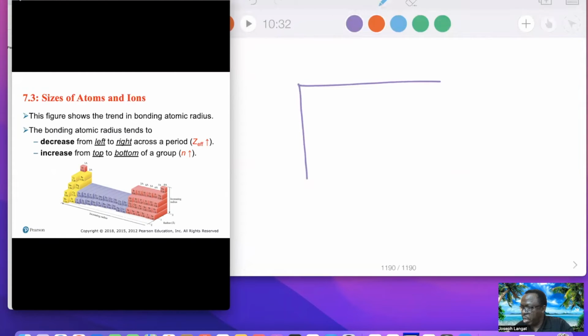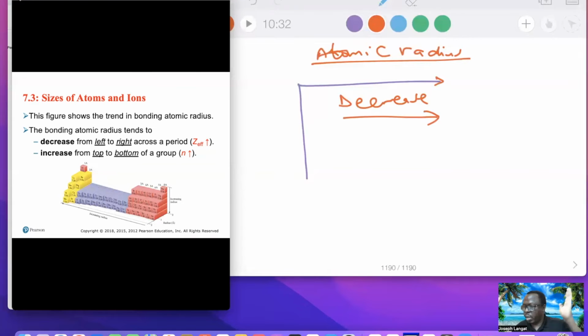All right, here is atomic radius or atomic sizes. Atomic radius decreases as you go from left to right on the periodic table, and this increases as you go down the periodic table.